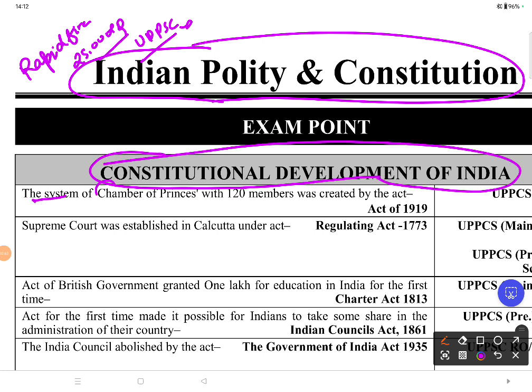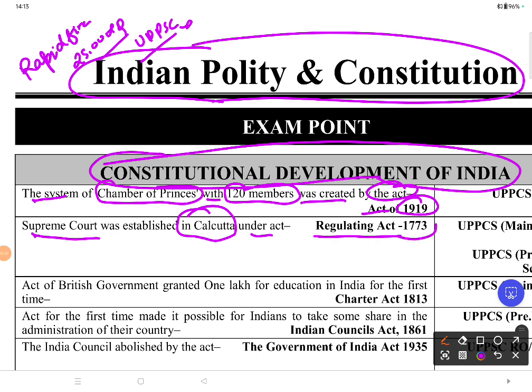The system of Chamber of Princes with 120 members was created by the Act of 1919. Supreme Court was established in Calcutta under Regulating Act 1773.